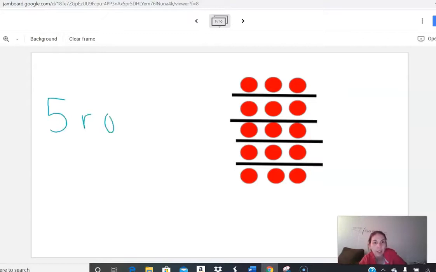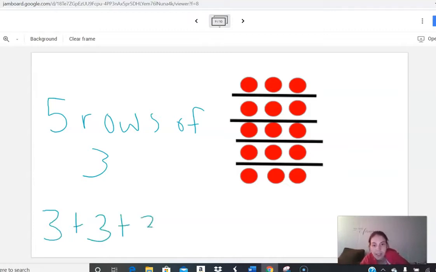5 rows of 3. And the way that we could add this for our repeated addition sentence would be 3 plus 3 plus 3 plus 3 plus 3. Okay? And 3 plus 3 we know is 6.